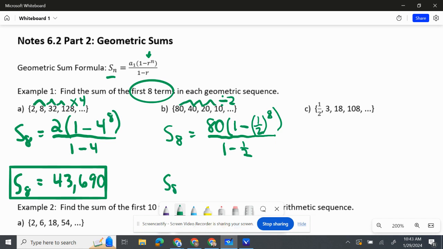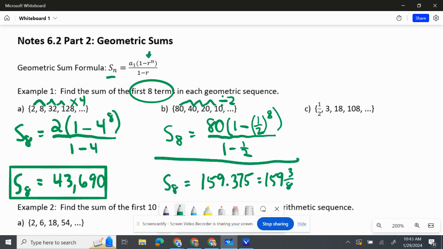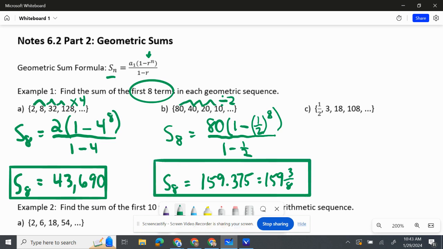So we're finding the sum of 8 terms, and that's equal to 159.375, or it could be 159 and 3/8, depending on if you're using a decimal or a fraction. Once again, you get to choose what you want.